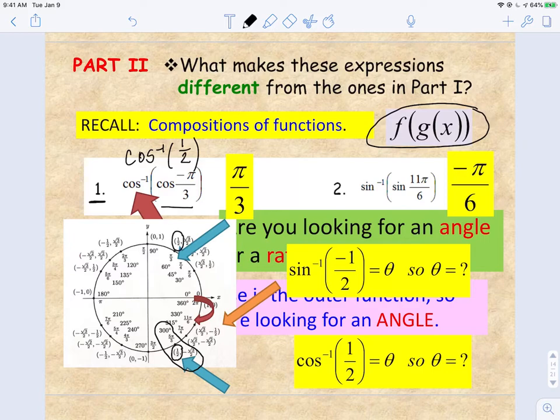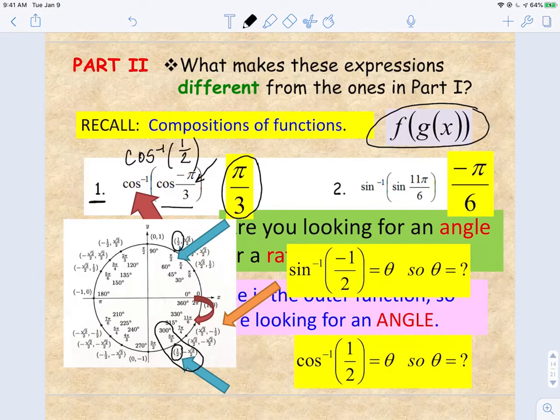Remember, cosine is your x value, and we're finding it at 60 degrees or at pi over 3. And the reason we want to write our answer as pi over 3 rather than 60 degrees is because the angle measure that they originally gave us here in parentheses is in radians. So we follow suit with our final answer being in radians.